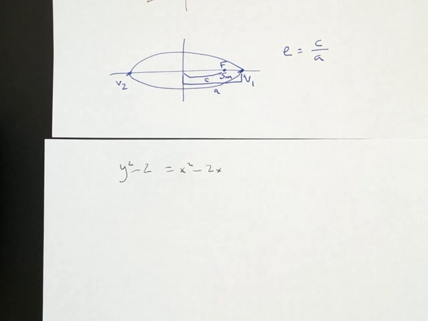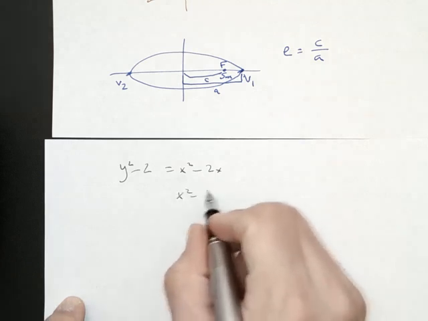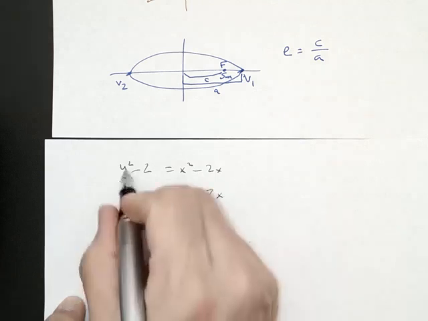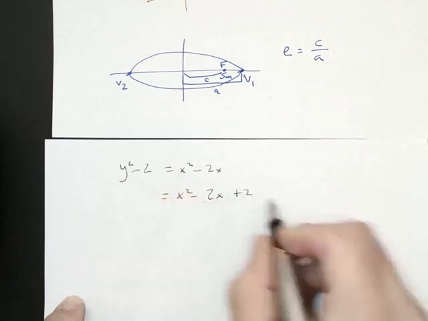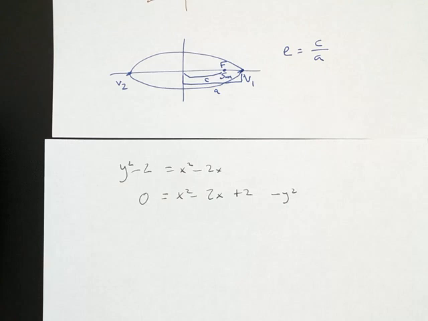But that means everything should be on one side. So let's start with that. If I move it all over to the right-hand side, oh, I see an x squared minus a y squared. I am now pretty sure this is a hyperbola.